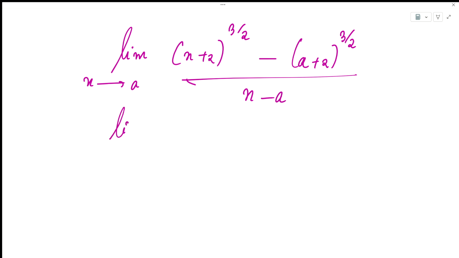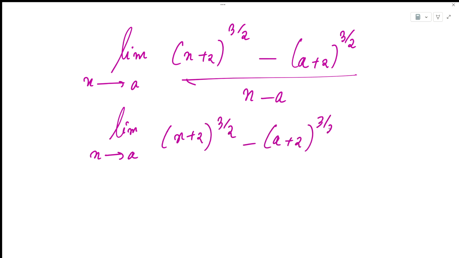What I can do over here, you see, this is limit x tends to a, (x plus 2) to the power 3 by 2 minus (a plus 2) to the power 3 by 2. What I'm gonna do is I will write this as x plus 2 minus a plus 2. Now if you compare it with your formula, in place of a I have a plus 2 over here.